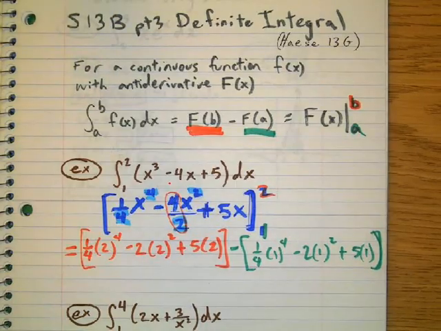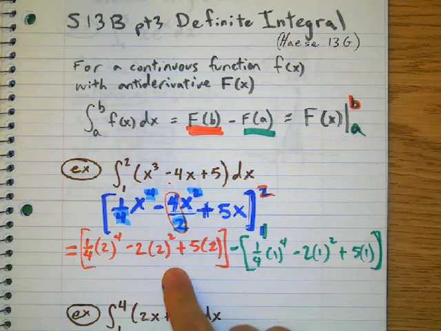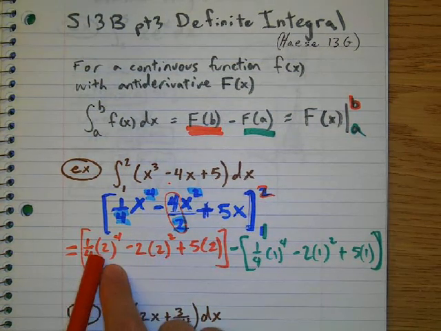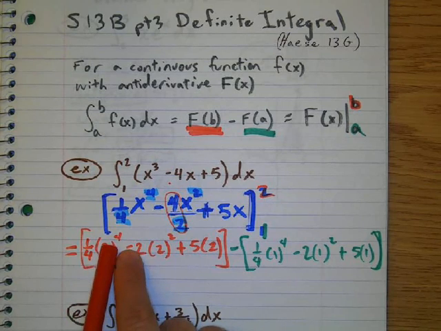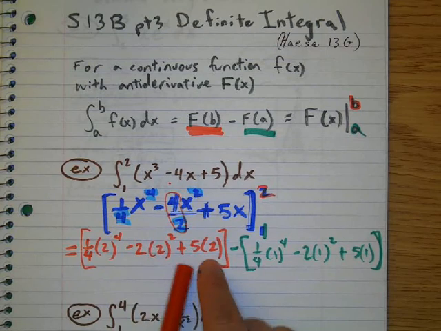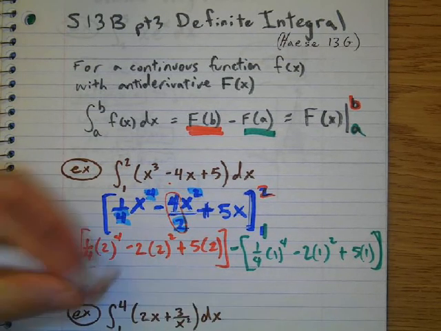Okay, so after I solve all of this, 1/4 times 2 to the 4 minus 2 times 2 squared plus 5 times 2 is just 10. This simplifies to 6.